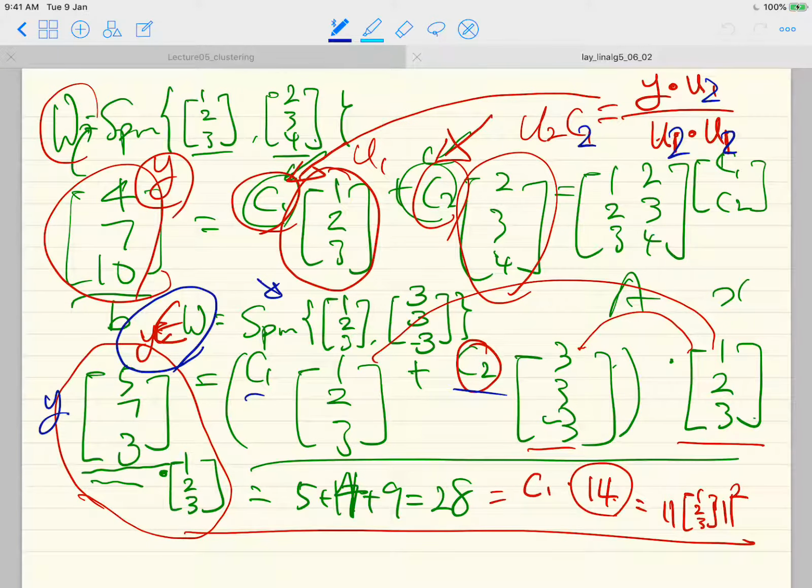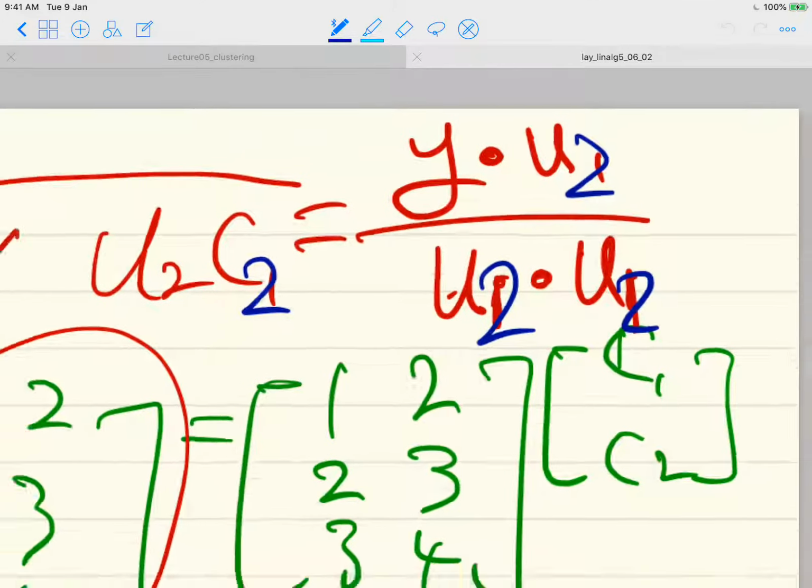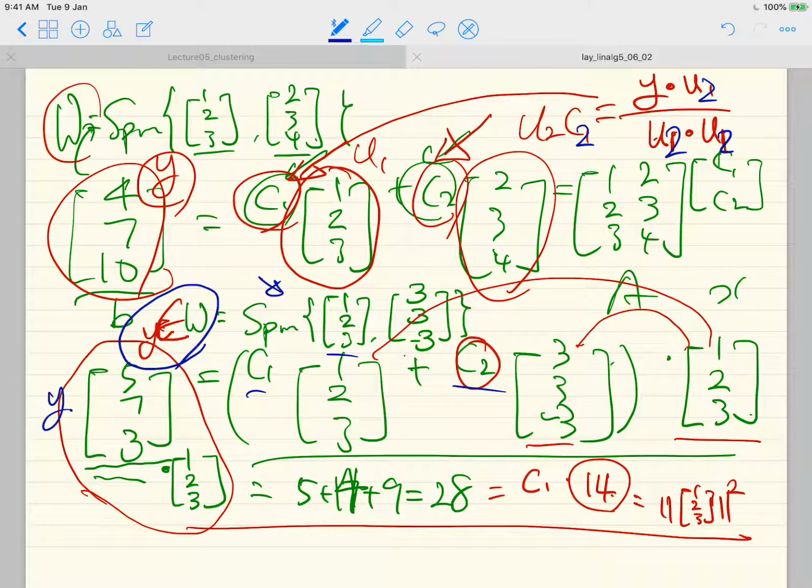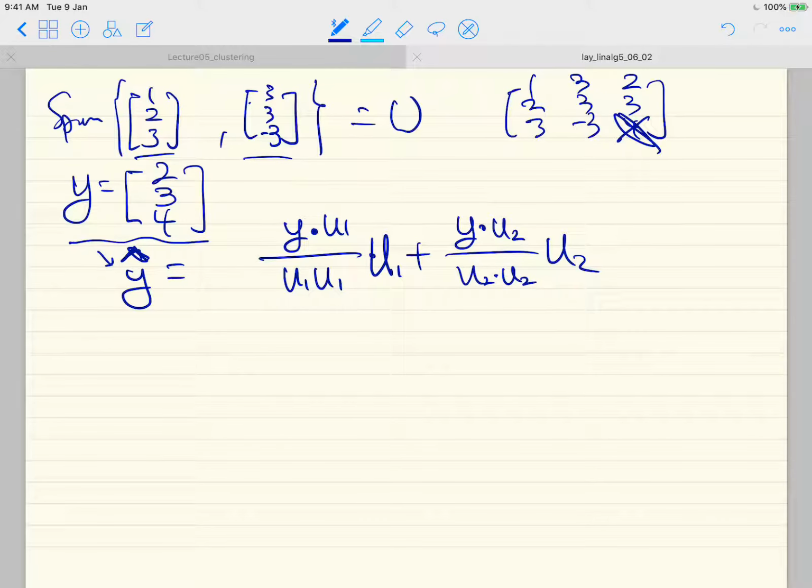This is the conclusion that we obtained, given these two orthogonal basis vectors. Let's just compute it. Again, here y is clearly a point outside of the subspace W, but we will just compute this same expression anyway. What is the inner product between y and u1?